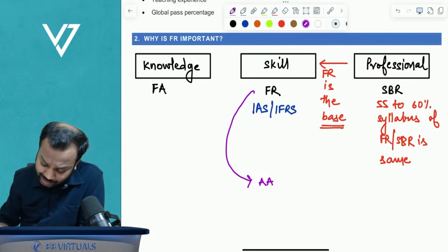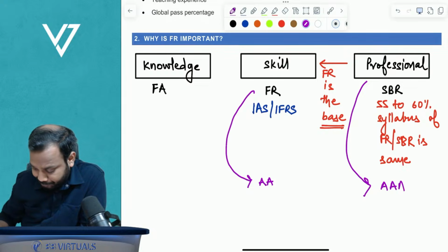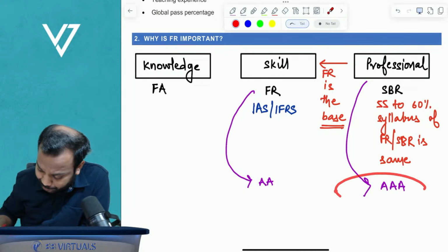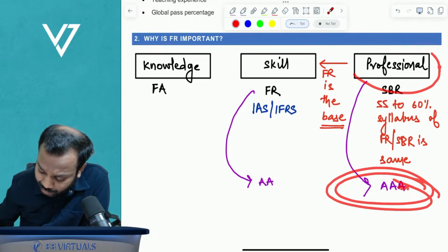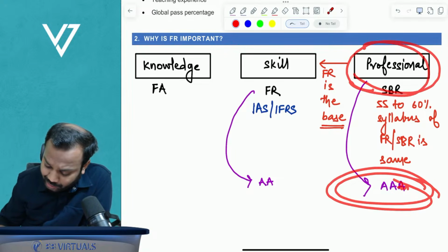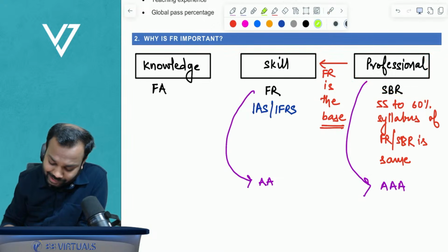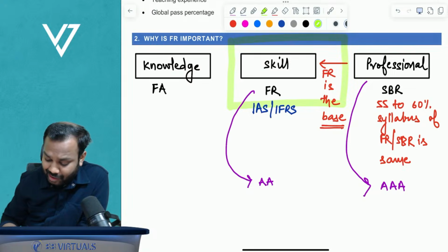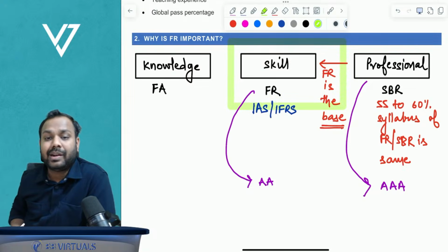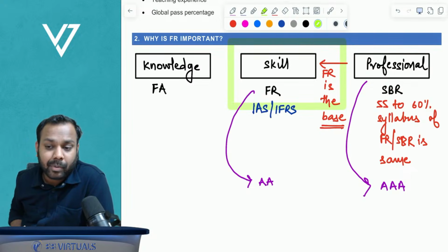Similarly, at professional level, you have a paper called AAA. To appear for AAA, you need knowledge of SBR, and SBR's base is FR. So FR is the central level paper, and very important for your entire ACCA.